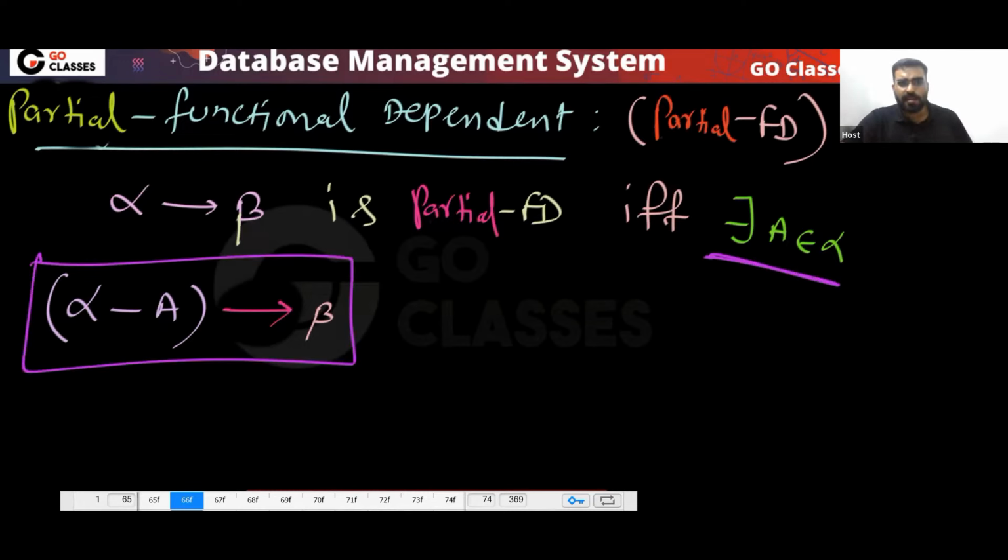Is this clear? Basically, this is very intuitive: if something can be removed and you can still determine beta, then I can say beta is partially dependent on alpha. Yes or no?